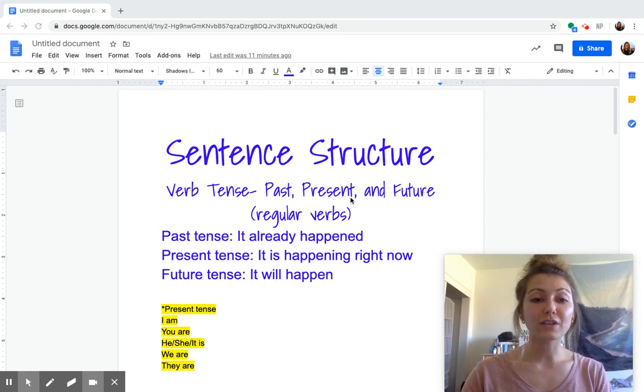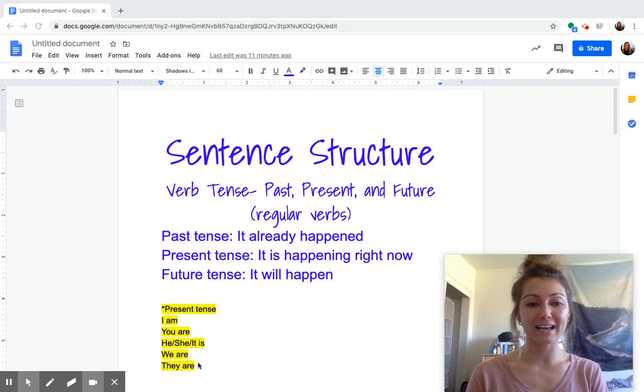Okay, so yesterday we talked about past tense, which is when it's already happened. We also talked about present tense. It's happening right now. You are doing that right now. And we talked about future tense. It will happen at some point, but it's not happening right now. I also left this note here from yesterday when we were working with our present tense. That verb be that we placed before the verb, our actual action word that we're going to be using in our sentence.